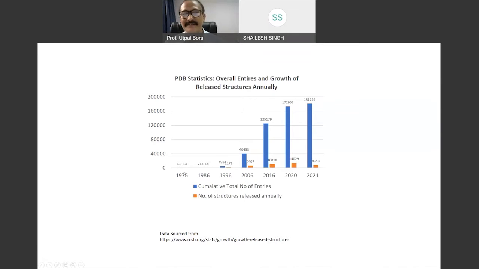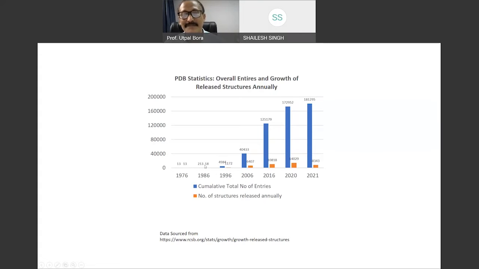In 1976, they reported 13 protein sequences in this database, and all the 3D structures of these proteins were solved. Now I took this data from the RCSB website and compiled this graph by using the data every 10 years. And you can see every 10 years, there's a huge jump. Initially in the first decade, from 13, it became 213. But the number of structures solved didn't increase in that way.